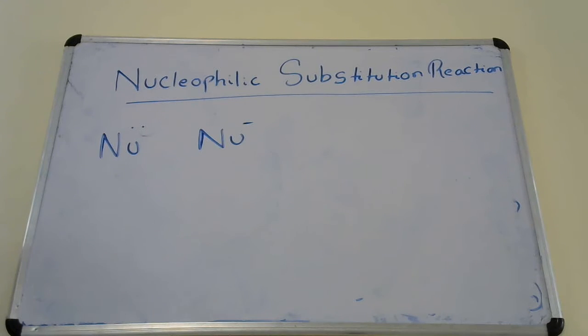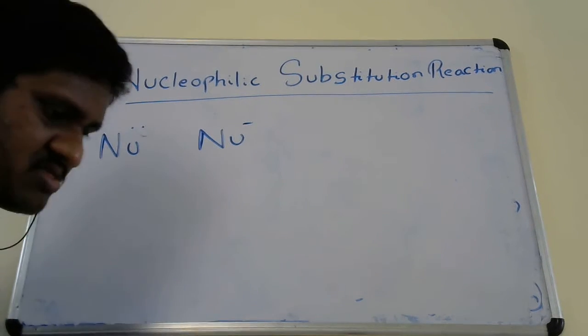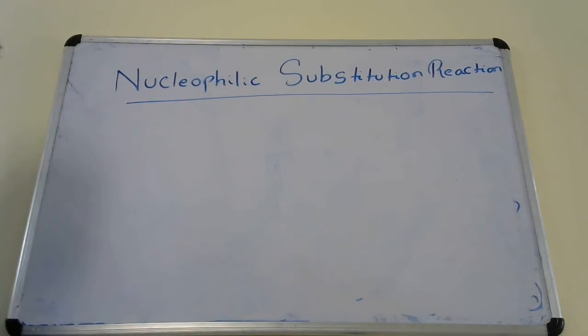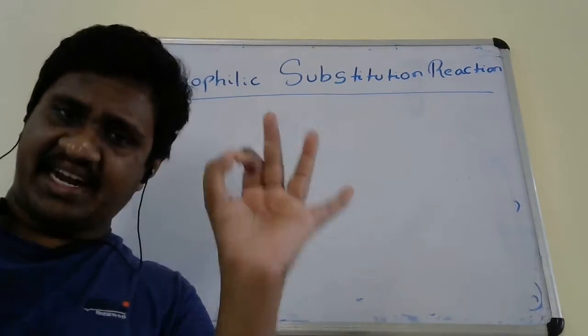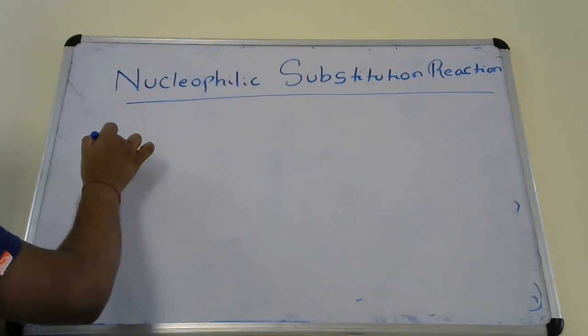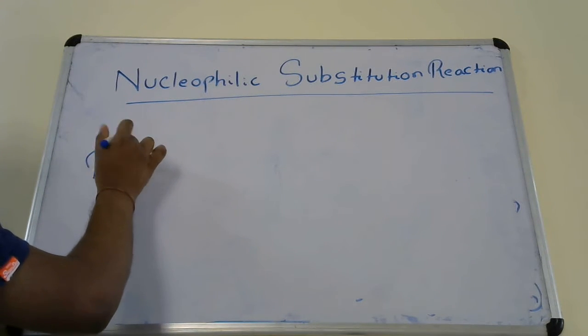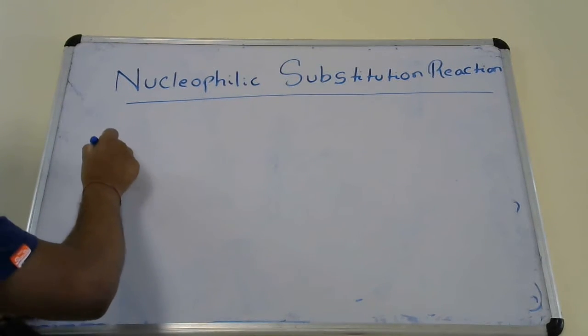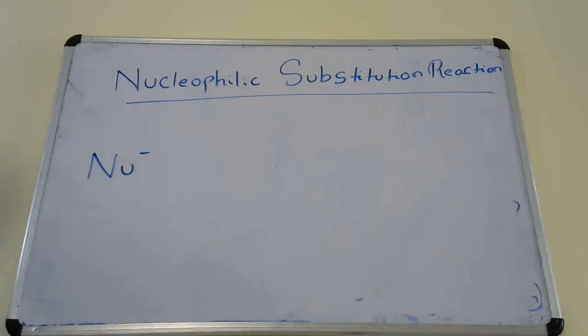Okay, let us see. Suppose Nu is our nucleophile. The symbol of a nucleophile we have given is Nu. I told you a nucleophile is something which is either negatively charged or carries a lone pair of electrons. Let us take a nucleophile symbolized like this, Nu minus.